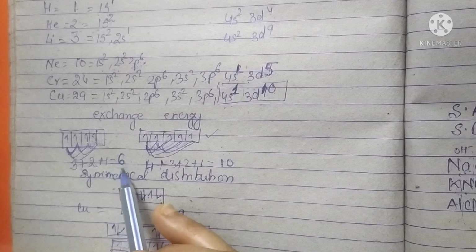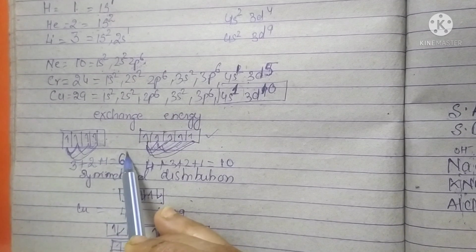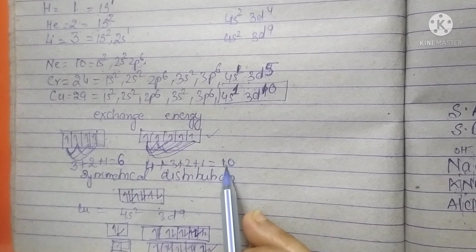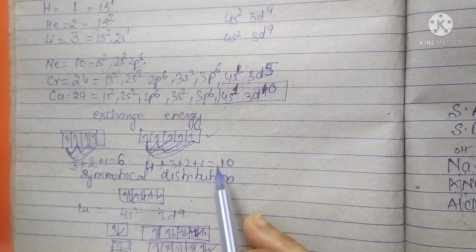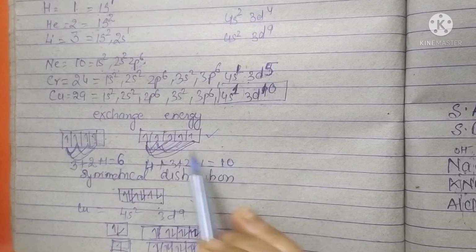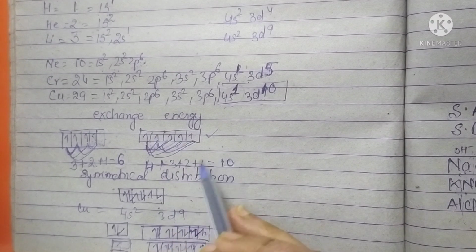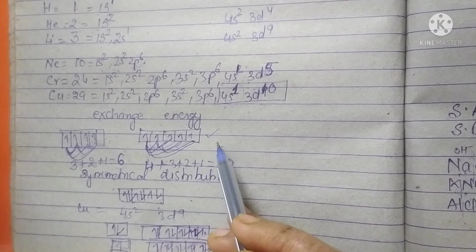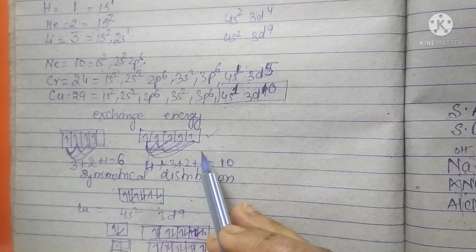The total number of exchanges in the 3d4 electronic configuration will be 6. So 3d5 has more exchanges. More exchanges means more energy will be released during exchange of orbitals. The greater the exchange energy, the greater the stability. This energy is released when electrons move in different orbitals.